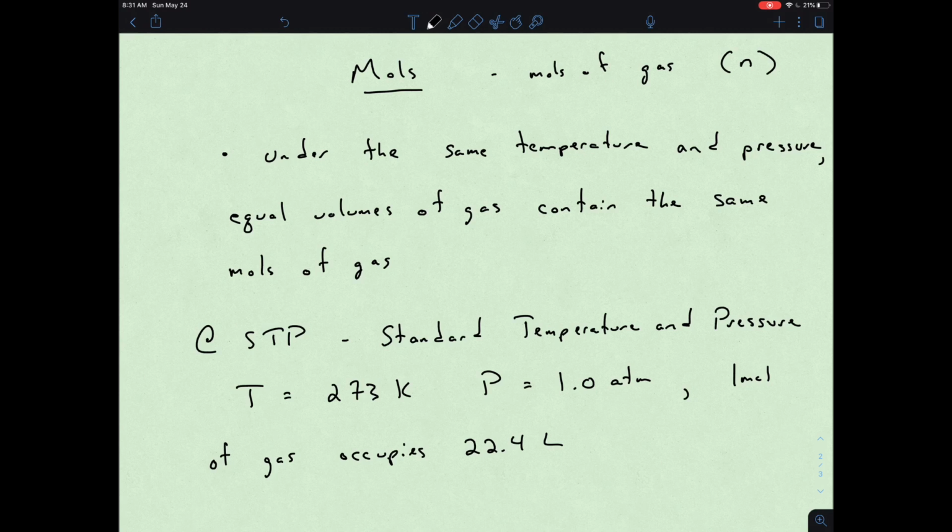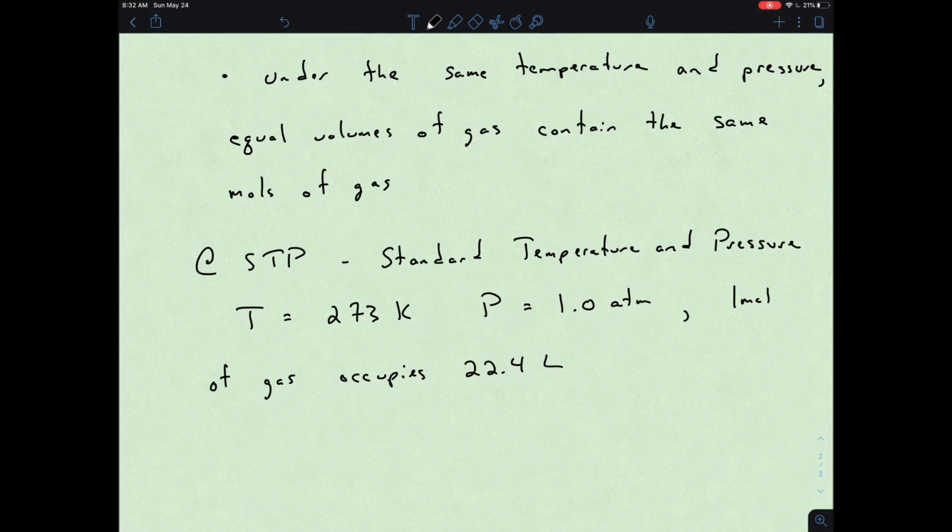So that's just that inherent relationship above, that if we're under the same temperature and pressure here at STP, at 273 and 1 atmosphere, equal volumes of gas contain the same moles of gas. So if I have two different gases, both at 273, both at a pressure of 1 atmosphere, and they occupy 22.4 liters, then I know I have 1 mole of gas.